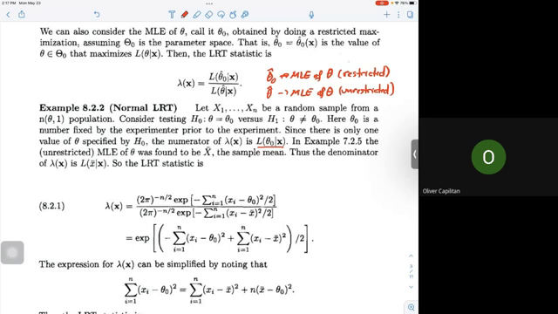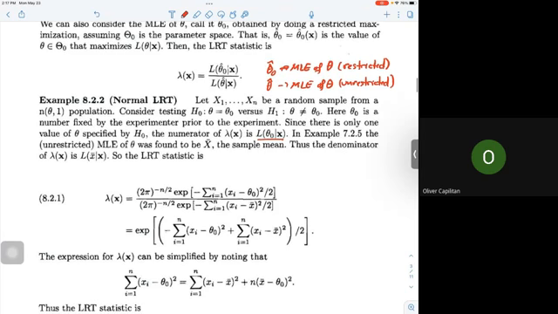And then in example 7.2.5, we were able to get the maximum likelihood estimate of our parameter theta, which is actually the sample mean. We have that in example 7.2.5. Thus, the denominator of our likelihood ratio statistic will simply be L of the sample mean x bar given our sample.